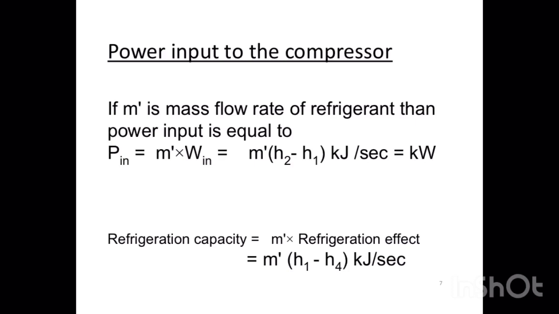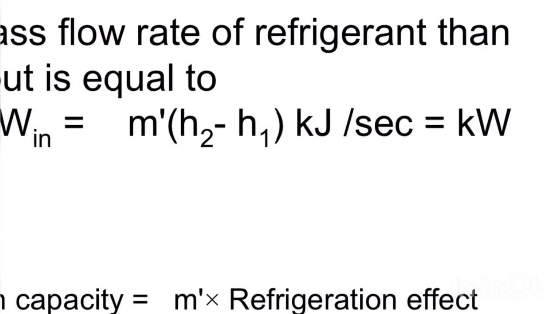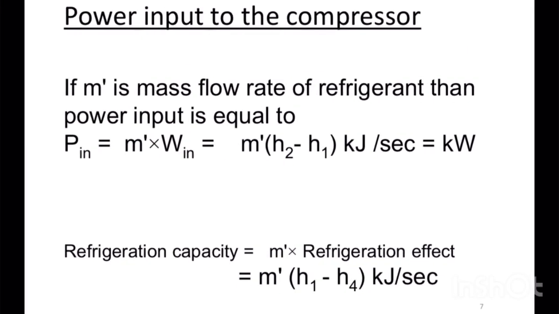How can we calculate it? If m dot is the mass flow rate of refrigerant, then power input P in equals m dot multiplied by the work input in the compressor, so it will be H 2 minus H 1. So, we can write this equation as m dot bracket H 2 minus H 1 bracket close, in kilojoule per second, so it will be in kilowatt.